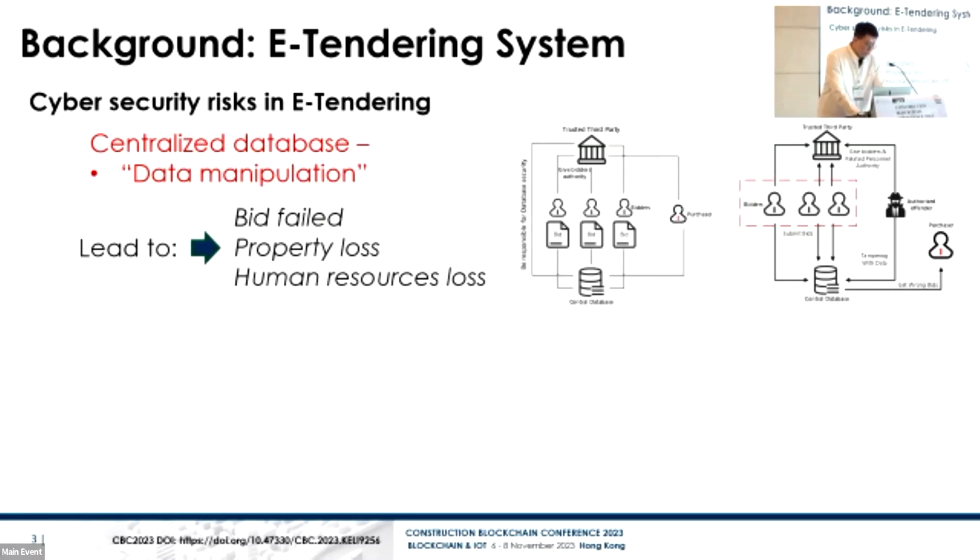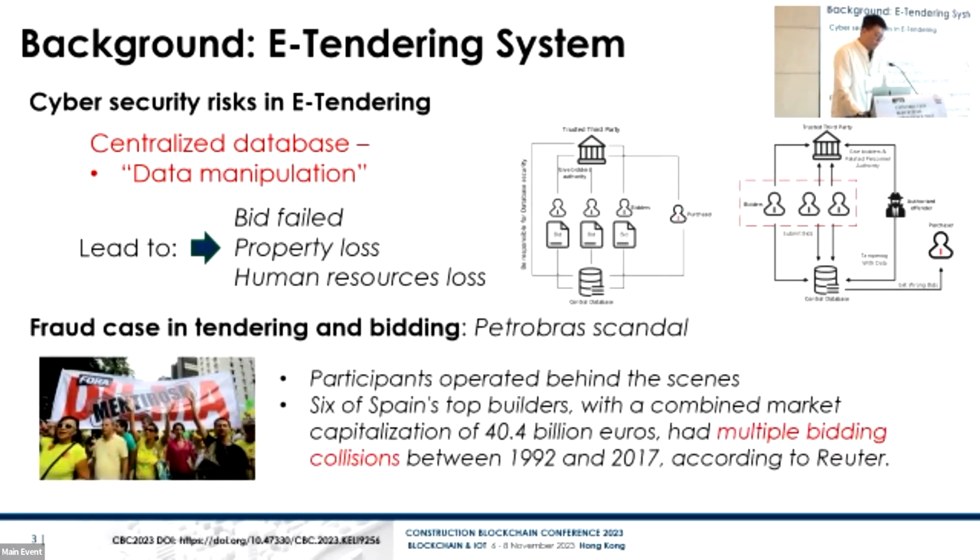There was news of bidding fraud in the past, like in Brazil, which led to more than 40 billion euros lost, with multiple bidding concurrences over very long years. This makes us think a more secure e-tendering process is needed nowadays.